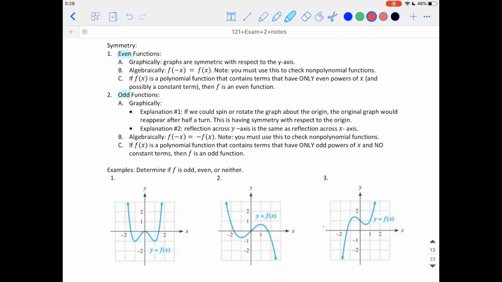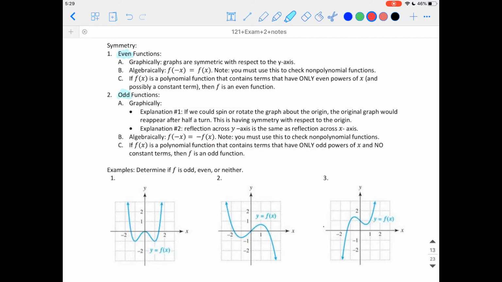Algebraically, it says here that f of negative x is equal to f of x. Note, you must use this to check non-polynomial functions. Those of you headed towards pre-cal, you're going to be doing the algebraic check. Here, we're just going to introduce it to you, and we're going to do it graphically.